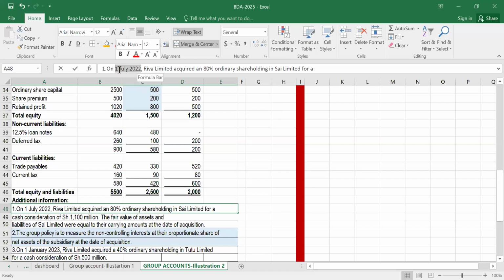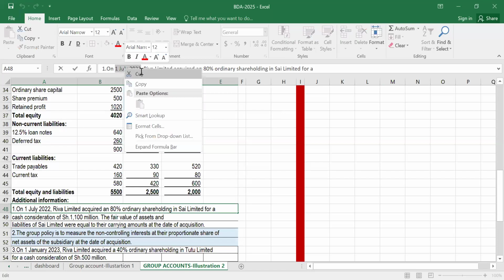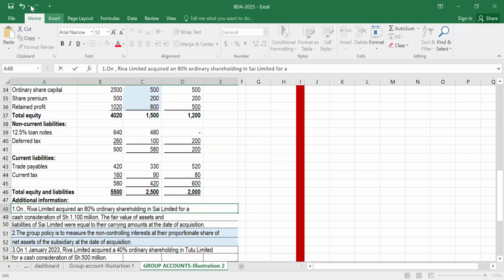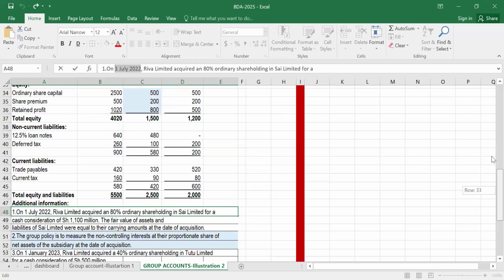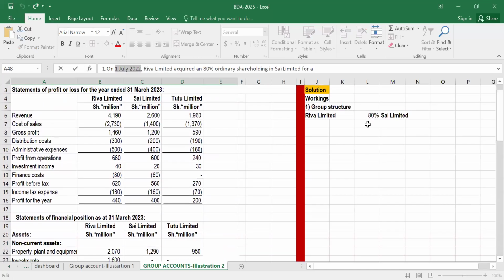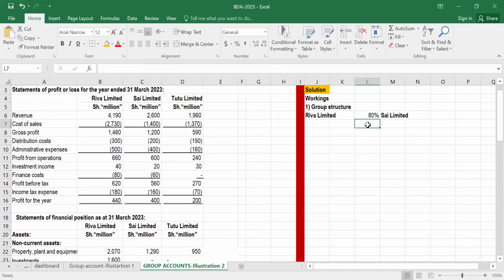We said whatever you can copy, to avoid a lot of typing, it is always advisable to do that. So that is the date when BV Limited acquired 80% shareholding in ZU.